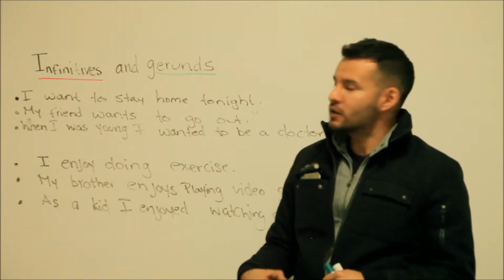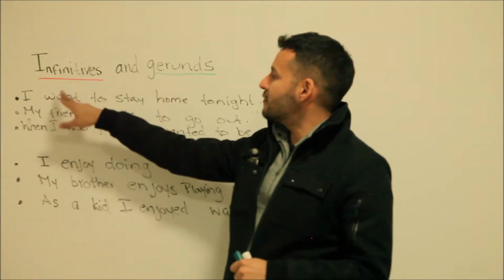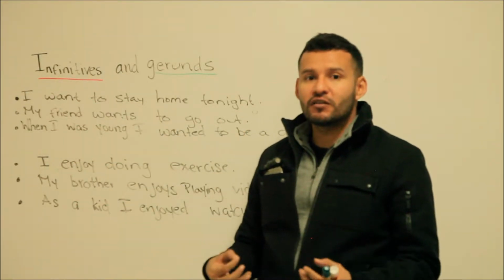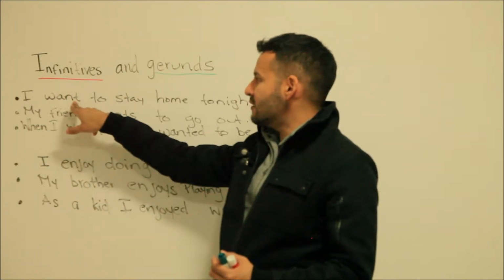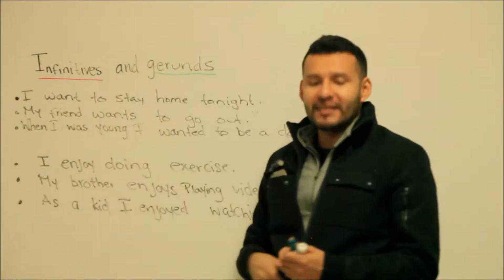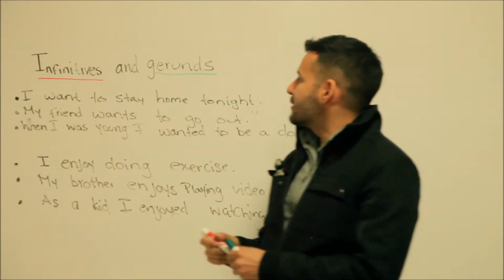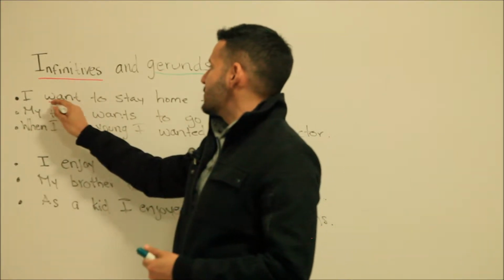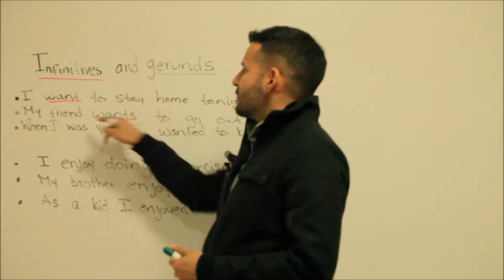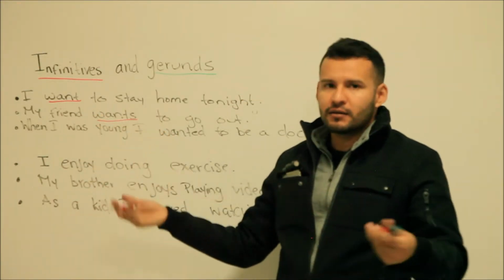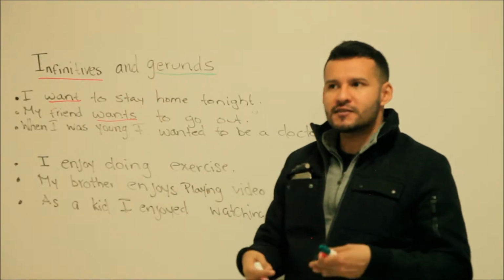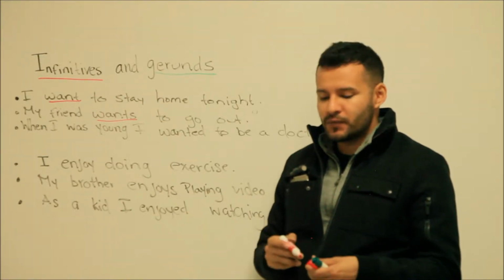One is the subject. So, for example, I have three sentences with the verb want. In the first sentence, I want, my friend wants. The reason for this is that in the simple present, if the subject is he or she or it, you need to add an S to the verb, and this is the correct conjugation.